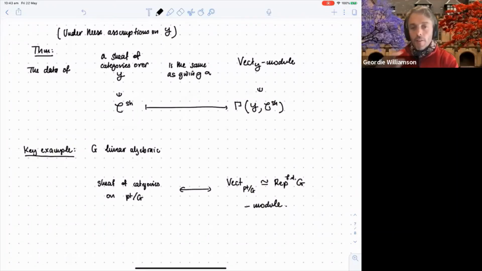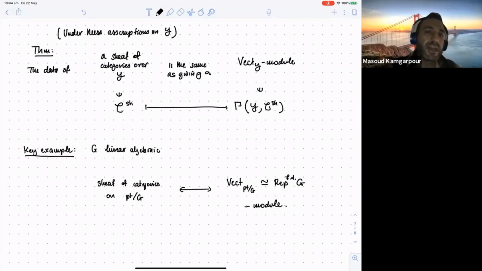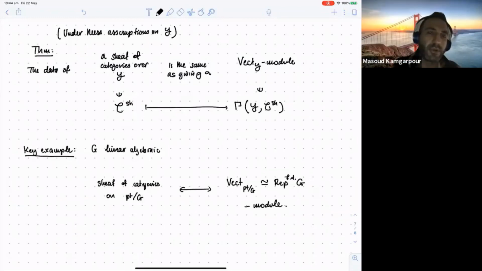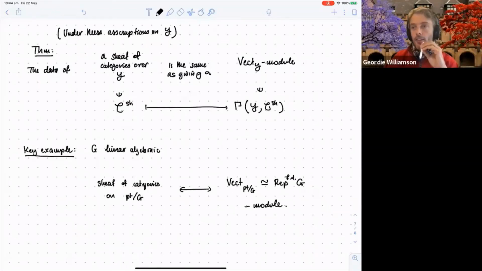So if you have an action of G-equivariant vector bundles, that's the same thing as giving a sheaf on your stack. So yeah, no, I'm talking about the general theorem. So the left-hand side is just modules over quasi-coherent of Y, right? By definition. No. Oh, it's not the left-hand side.